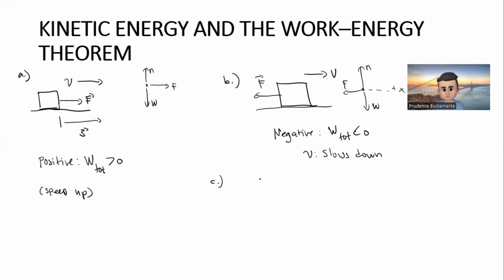In situation C, if your speed is in this direction and you apply a force in that direction, since it is perpendicular to the displacement, the total work here is equal to zero.